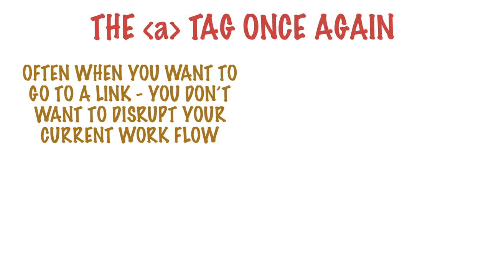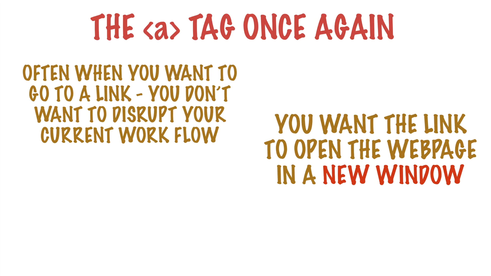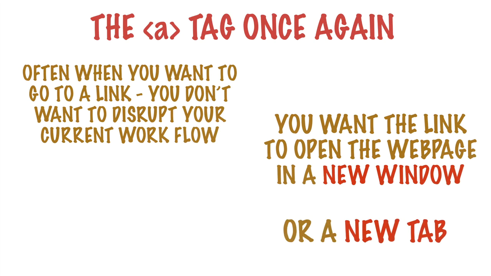Let's keep going. There's one last bit of functionality that the A tag offers us that we should be aware of. Say we want to open a link in a different window or a different tab. This is pretty common because when we click on a link, we might not want the new page to be loaded in the page we were currently reading.